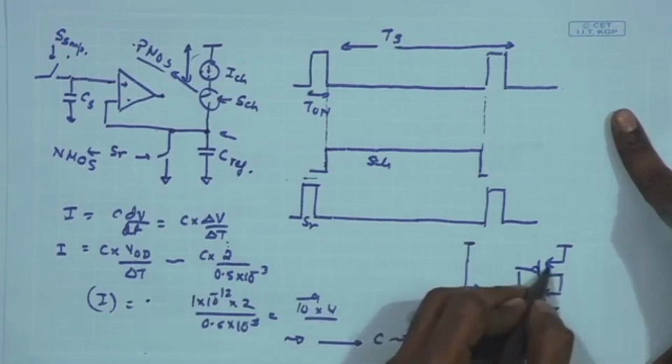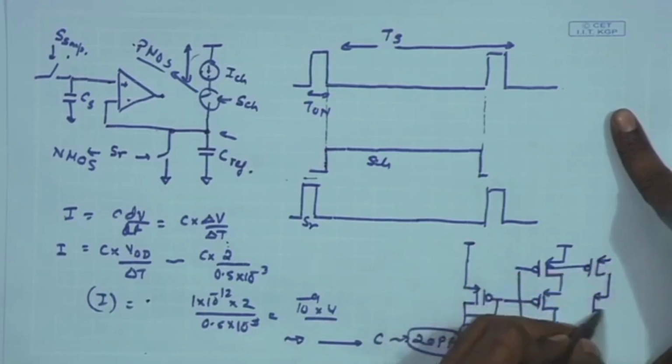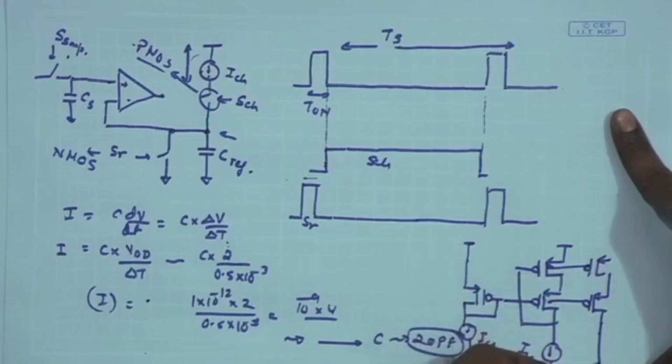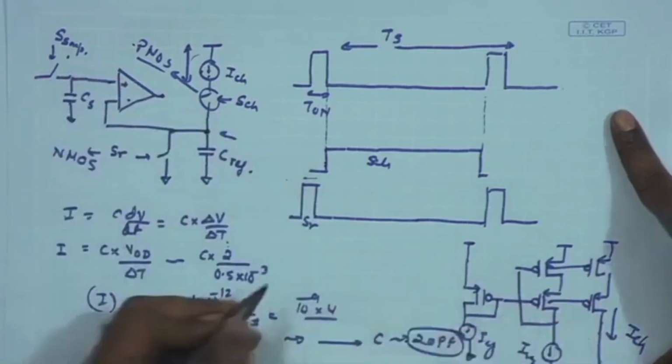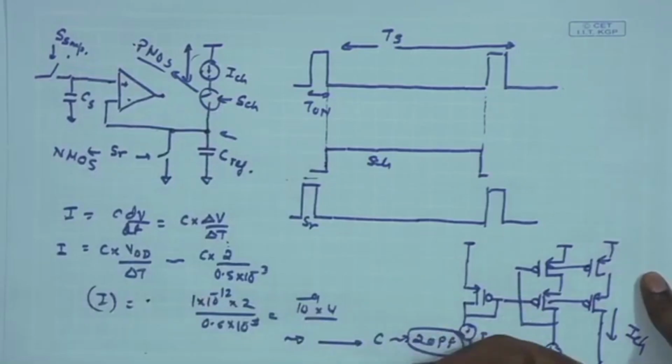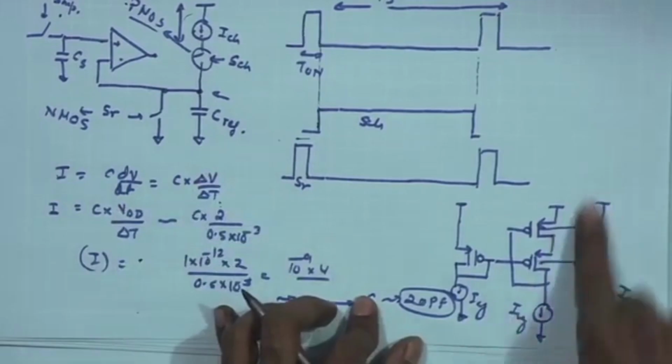With the help of this, you can bias the cascode current source. This becomes my current source, where I am providing the ICH. Of course, the switch is connected over here, so this is your switch, and this is forming the output branch.